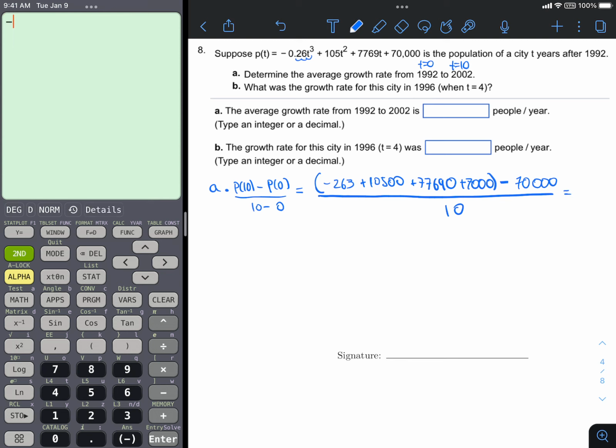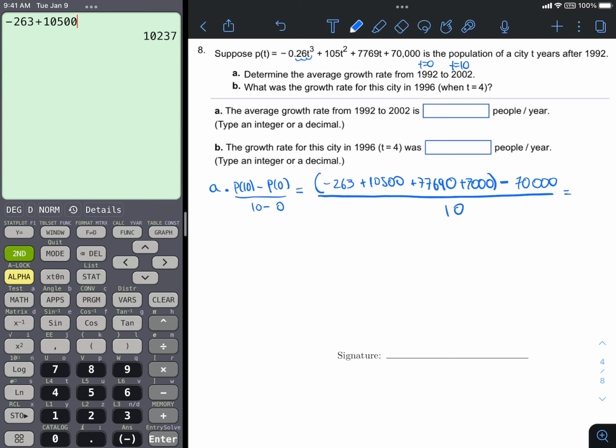I'll do a minus 263 plus a 105 with 2 zeros. It's not right. Let me erase that. Two zeros. There you go.